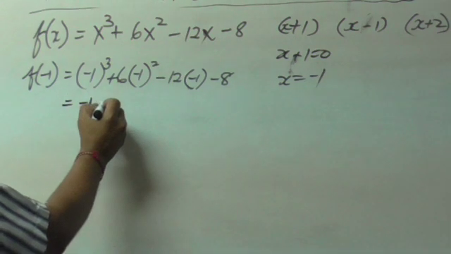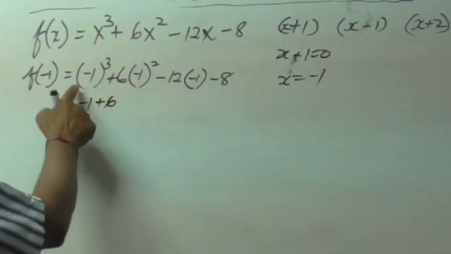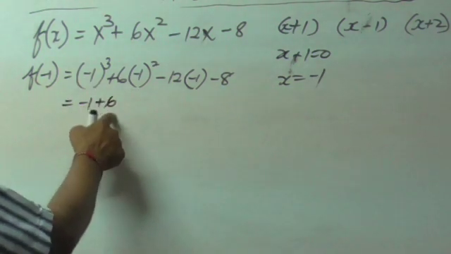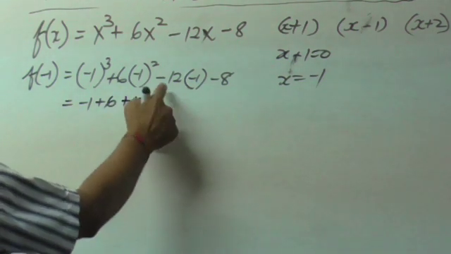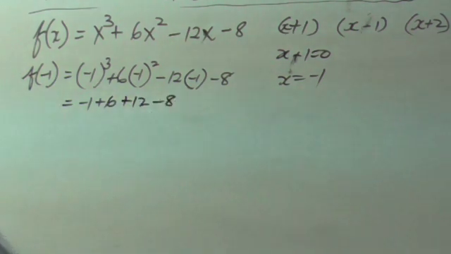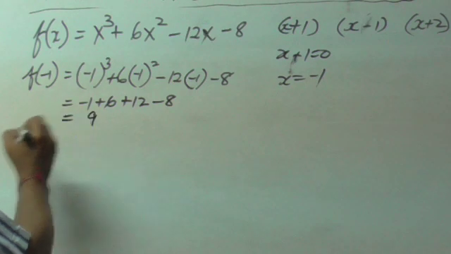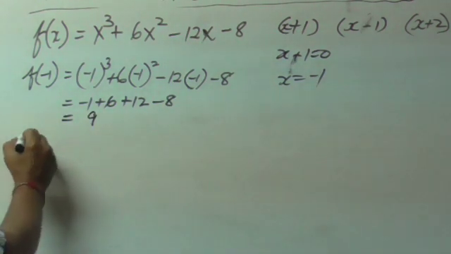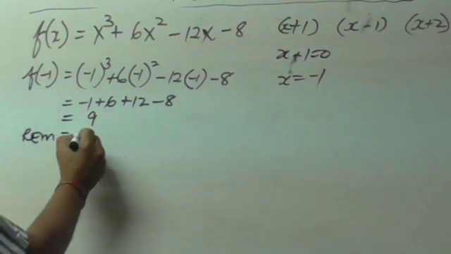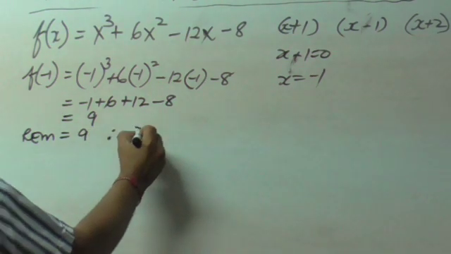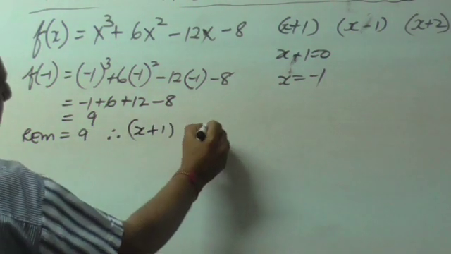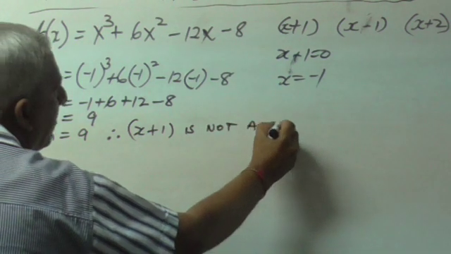That's minus 1, plus 6, plus 12, minus 8. 12 and 6 is 18, 18 minus 9 will give you 9. So the remainder is 9. Therefore, x plus 1 is not a factor.